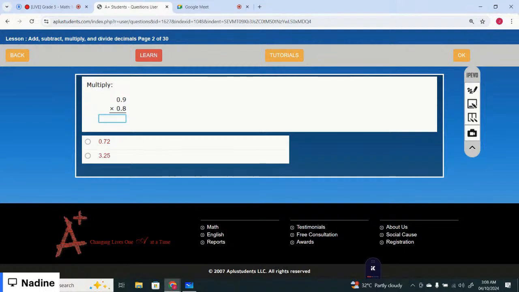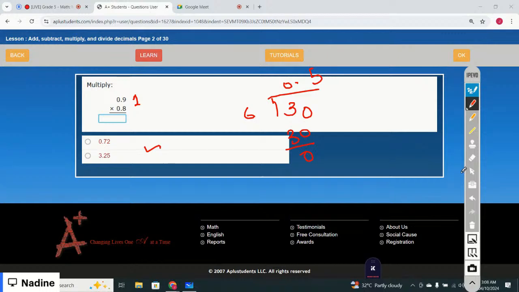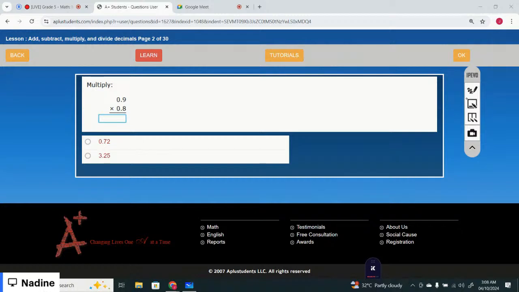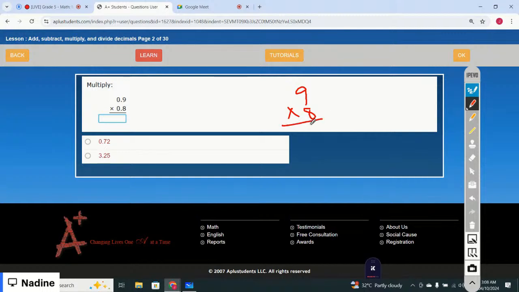Multiply 0.9 times 0.8. So again you have multiplication. Multiply two numbers that have the decimal places. They both have one decimal place, right? One here and one here. They both, the total decimal places, that means then answer must have two decimal places. So you need to do 9 times 8, multiply them without decimal. That is 72. So one decimal place here, one decimal place here. Answer must have two decimal places, right? You need to move decimal point from here to here, two places left.